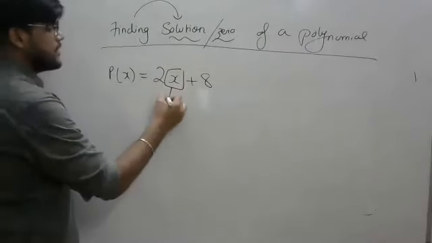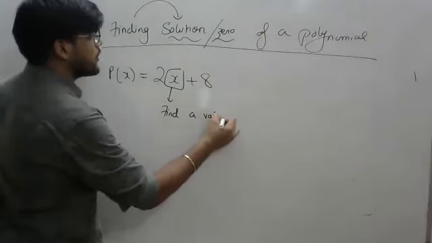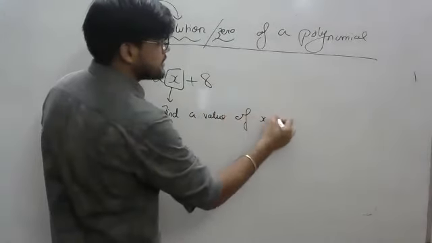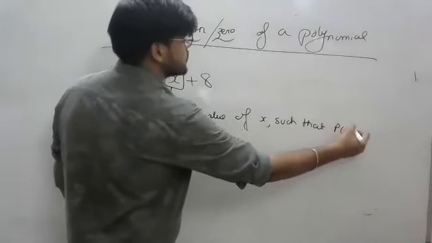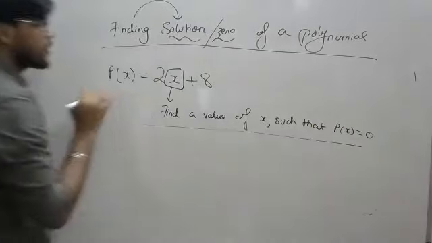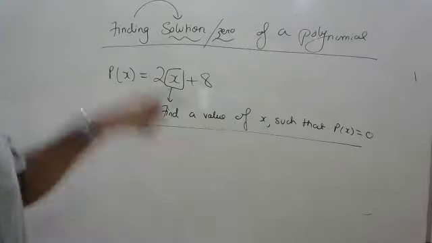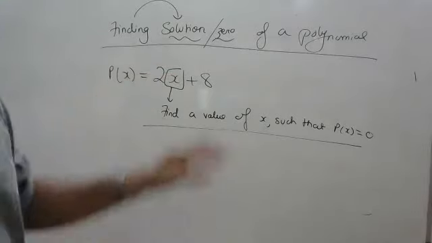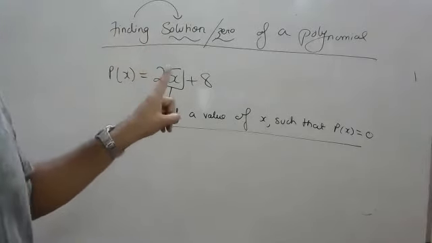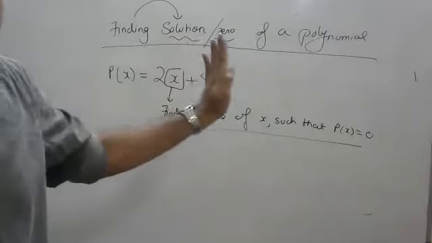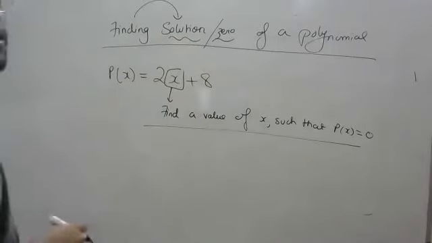Please understand, find a value of x such that the entire polynomial is equal to 0. When they say find zero or find solution of this polynomial, it means find a value of x such that when you substitute its value, the entire expression becomes 0. The entire polynomial becomes 0.